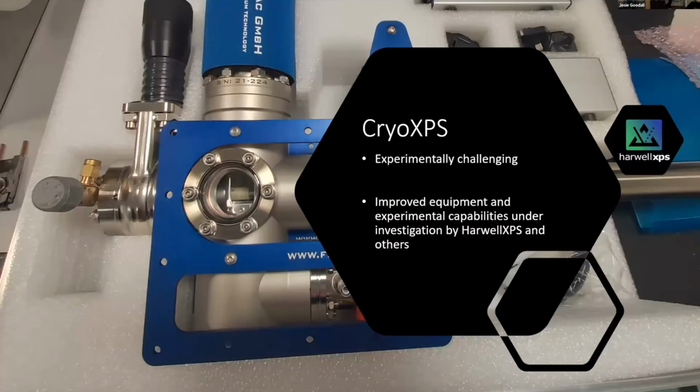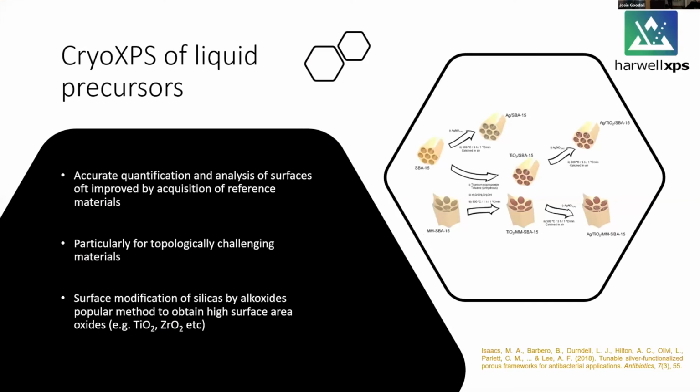So as I say, it's quite experimentally difficult. So this is something that we've recently been designing and implementing at Harwell to try and improve our experimental capabilities and get more reliable powder XPS. So I will quickly run through an example of where this has been applied.